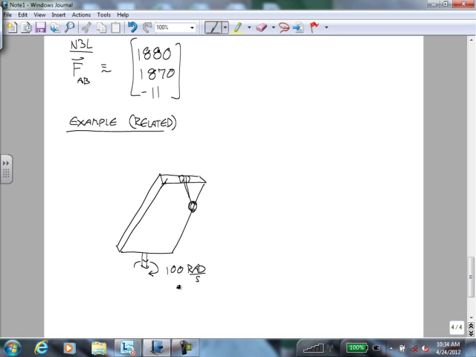Can you follow what I'm getting at here? The ball is rotating in a circular path this way, with an angular velocity of 50 radians per second and an angular acceleration of negative 10.